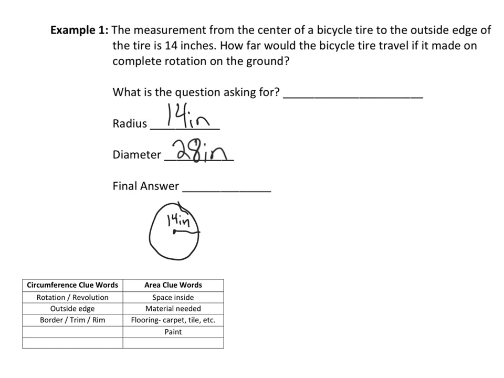Now let's continue and see what the question is asking for. How far would the bicycle tire travel if it made one complete rotation on the ground? That means it wants one complete rotation on the outside. Referencing our clue words, rotation is circumference. So the question is asking for circumference.